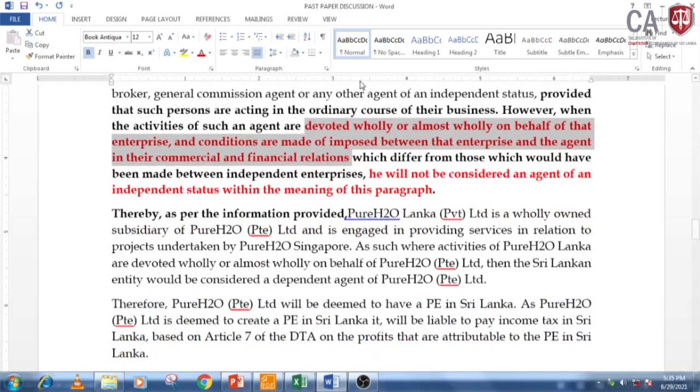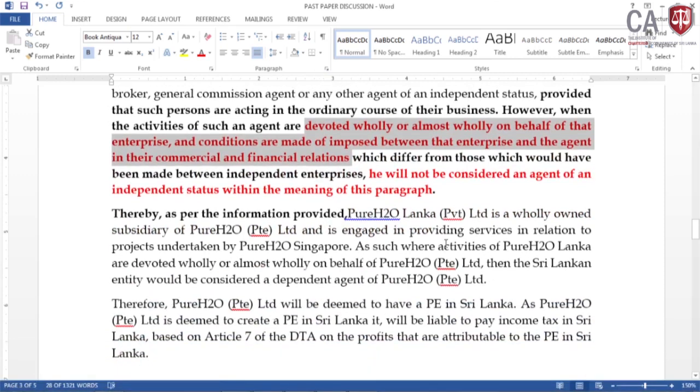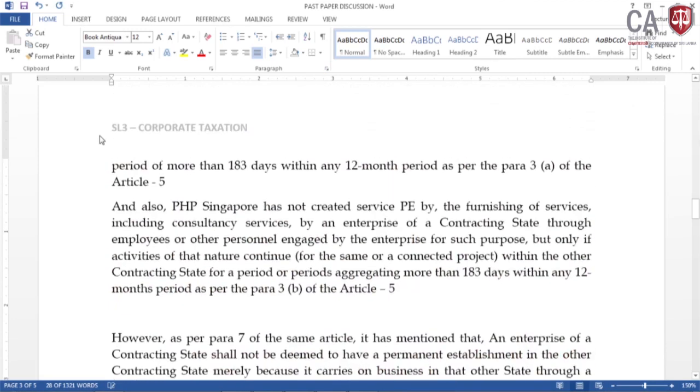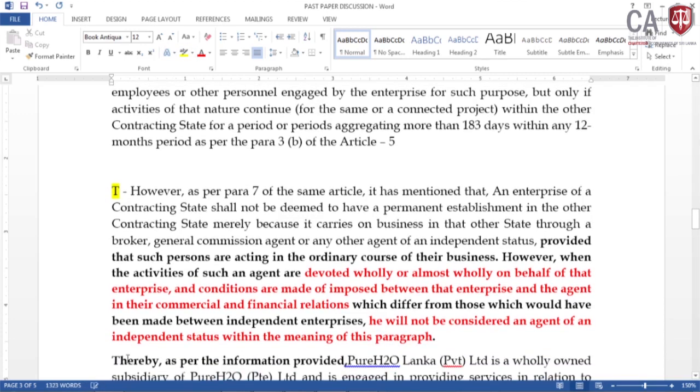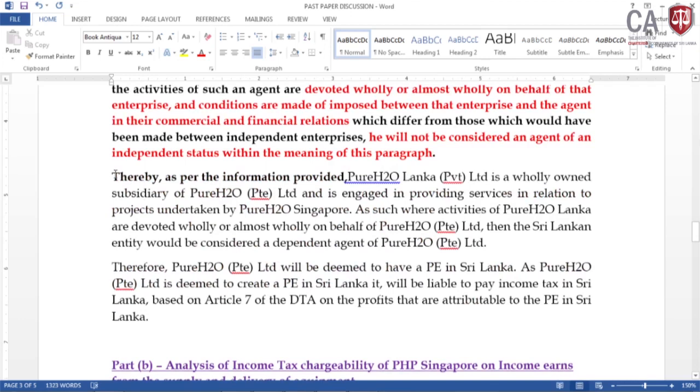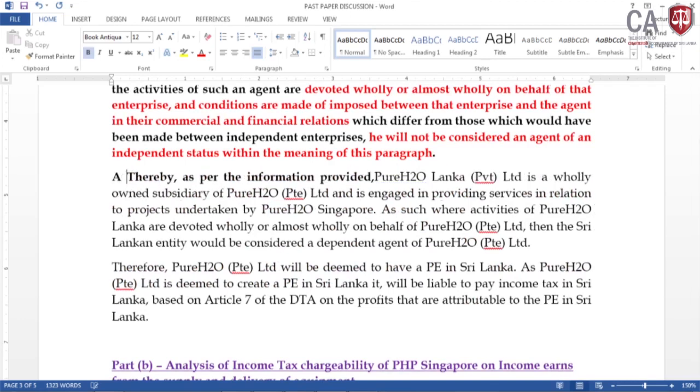This is theory, according to the double taxation treaty. I have directly taken that paragraph 7. Now I am applying this to the given scenario. This is the application.